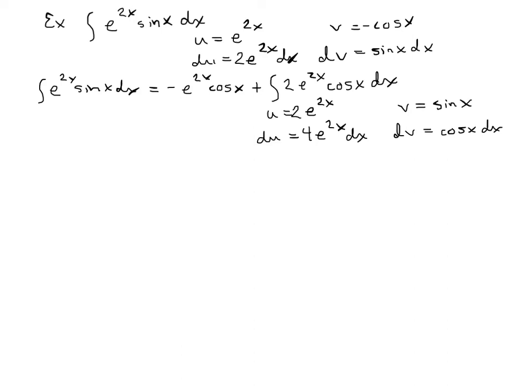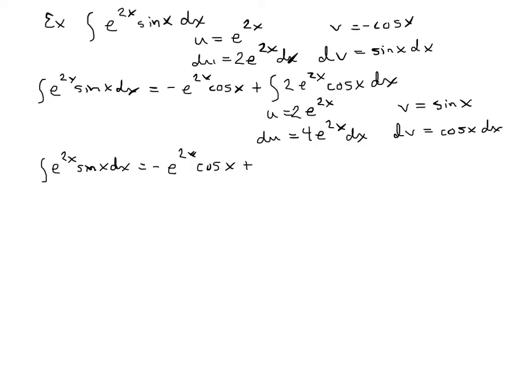Okay, so now I'm going to rewrite what I started with. We're trying to find the integral of e to the 2x sine of x. In our first formula there, we came up with negative e to the 2x cosine of x plus, now my new integration by parts.